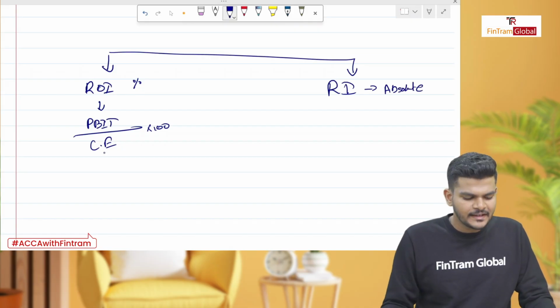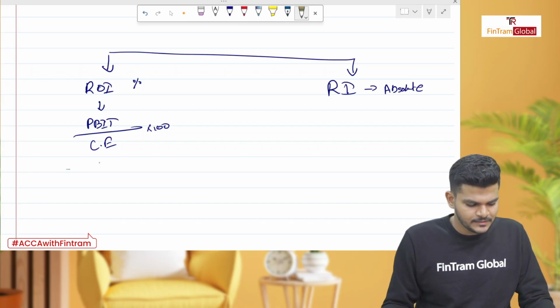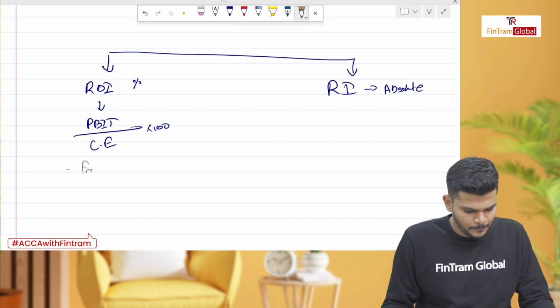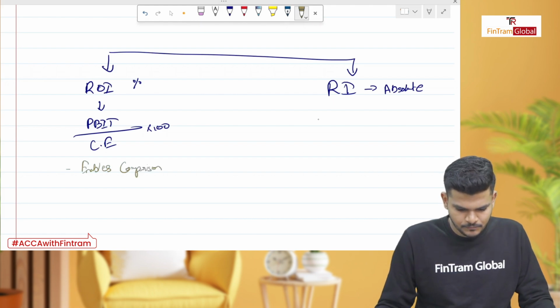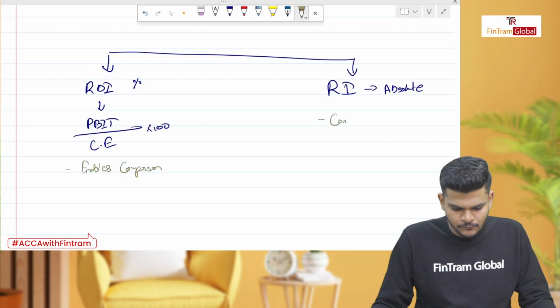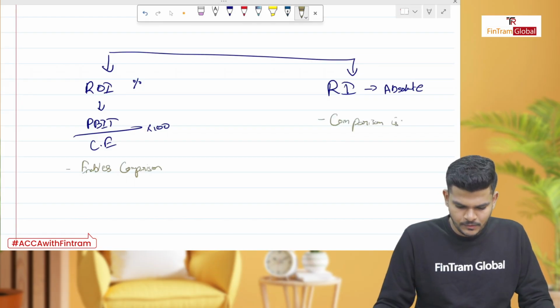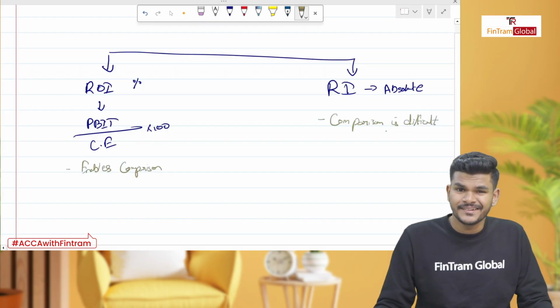And why exactly is that relevant here? Because it enables comparison, whereas for residual value, comparison is difficult. Why is comparison of residual income really difficult?